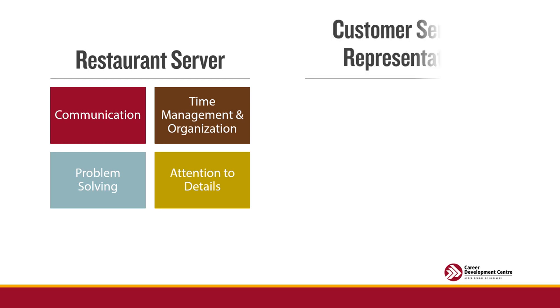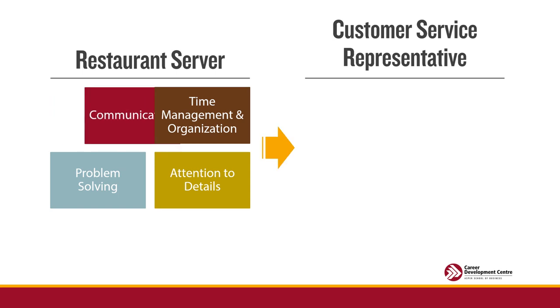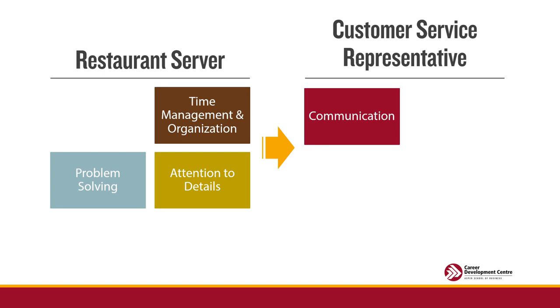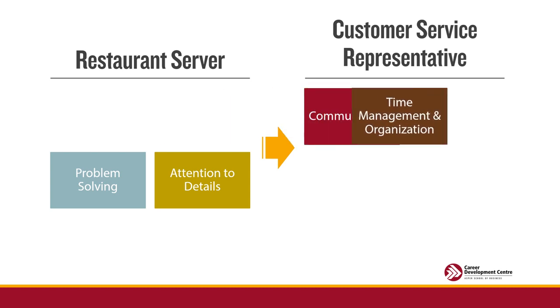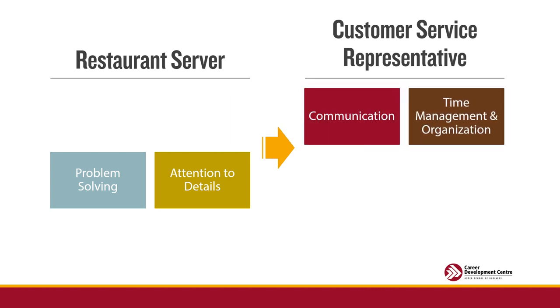Now let's look at how we can transfer those skills into a customer service representative position, say in a bank. First of all, you need good communication skills to be able to explain the bank products, application requirements to customers, etc. You need to have good time management skills and organizational skills to stay on top of your duties and complete multiple tasks in a timely fashion.